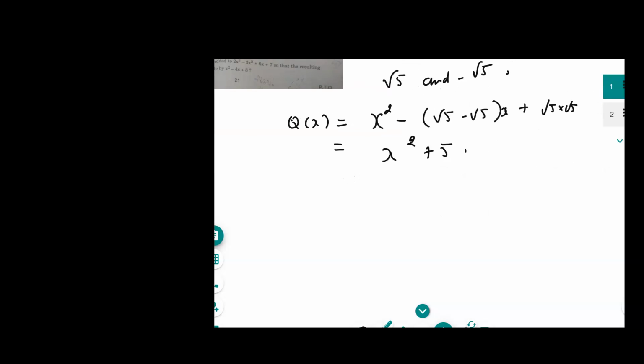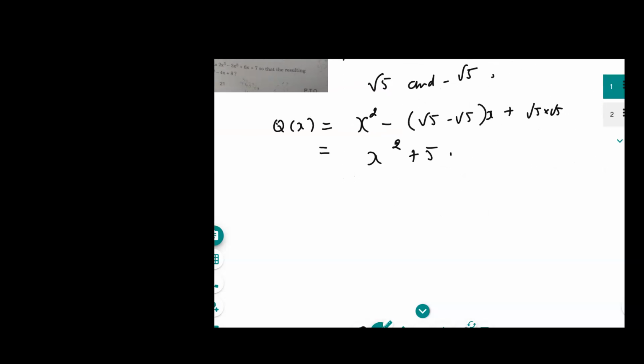So that gives you x squared plus 5. Now let us divide p of x by q of x.